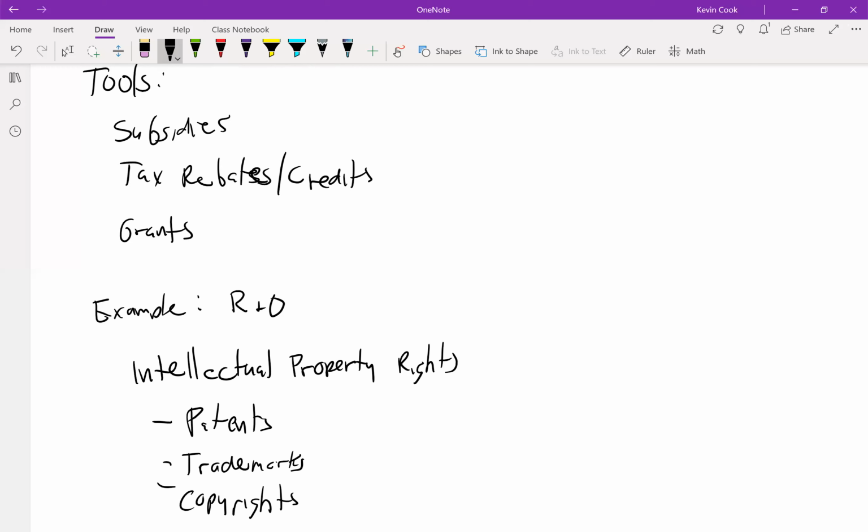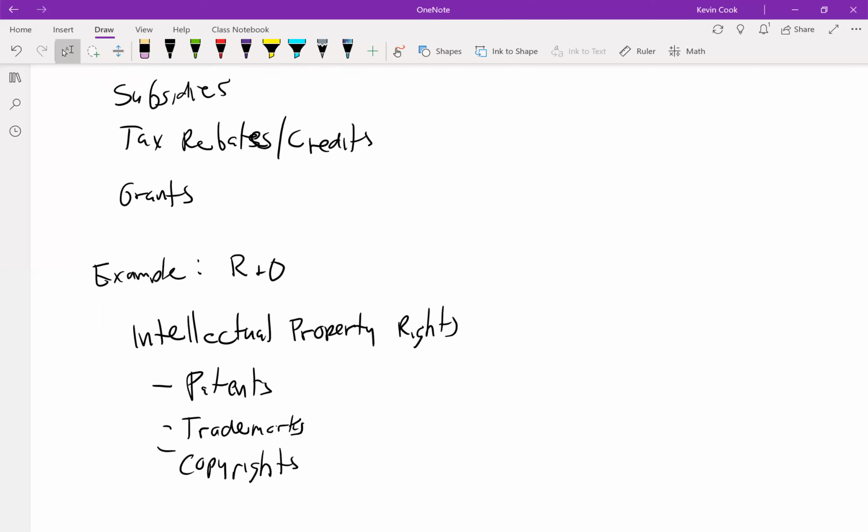We say these are going to help us come up with research and development, and this is going to come from two fronts. One, I don't have to worry that if I come up with a new idea, someone's just going to steal it. So I have a reason to come up with new ideas, new songs, new whatever, and I don't have to worry about it just being stolen from me.